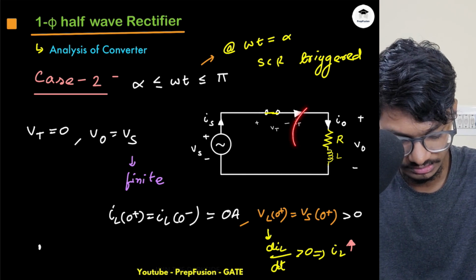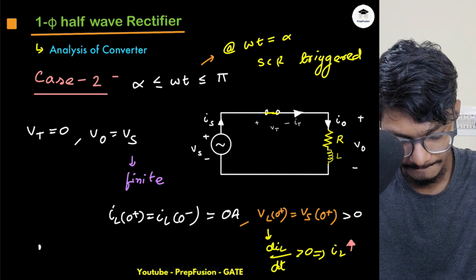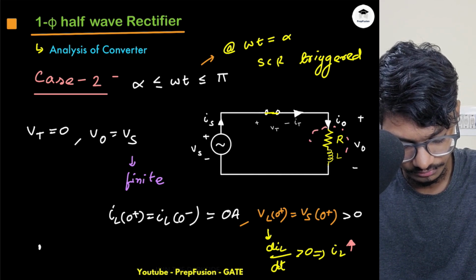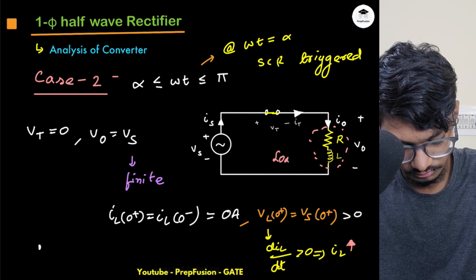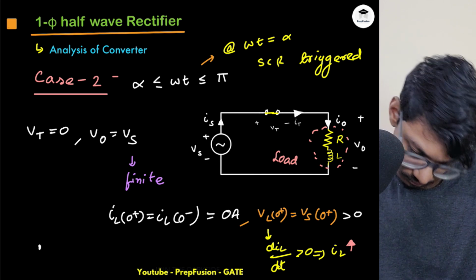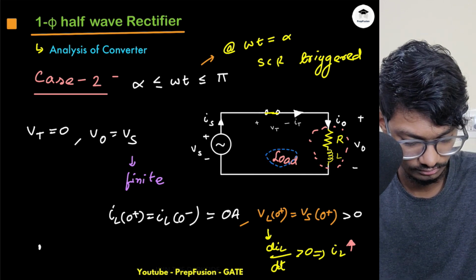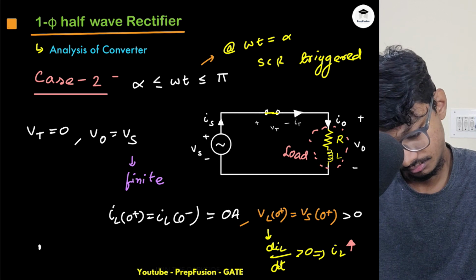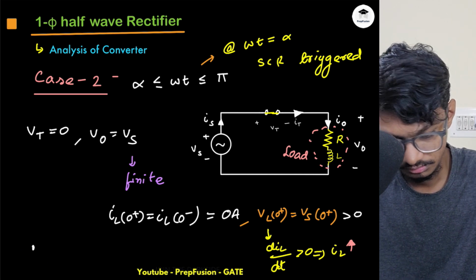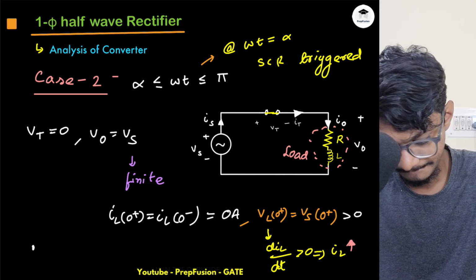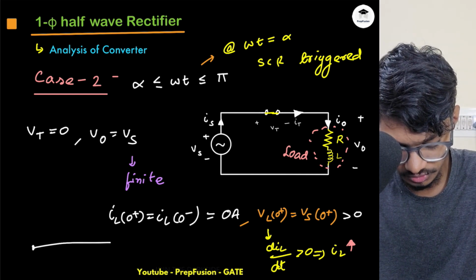Because this is my load, right? This thing is my load. So here power is flowing from source to load.